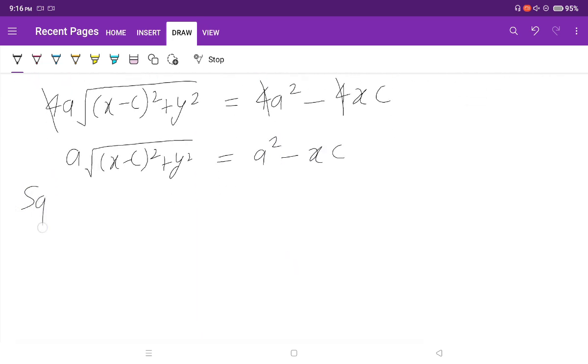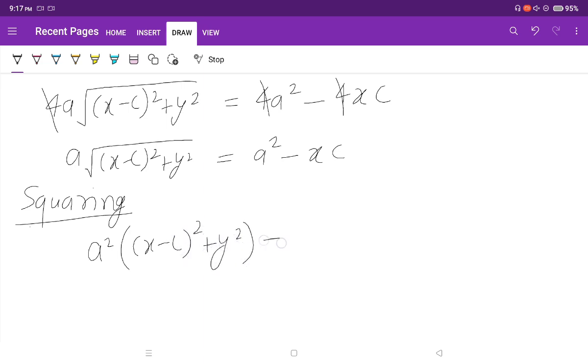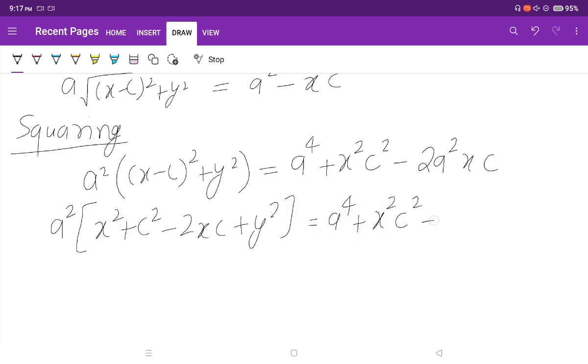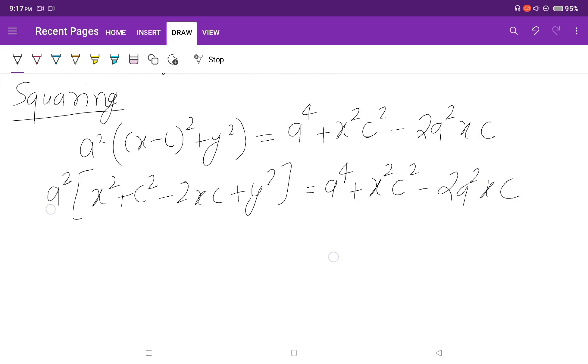Now again squaring, we have a squared times ((x minus c) squared plus y squared) equals a to the power 4 plus x squared c squared minus 2a squared xc. Again simplifying the terms, we have a squared times (x squared plus c squared minus 2xc plus y squared) equals a to the power 4 plus x squared c squared minus 2a squared xc, right?